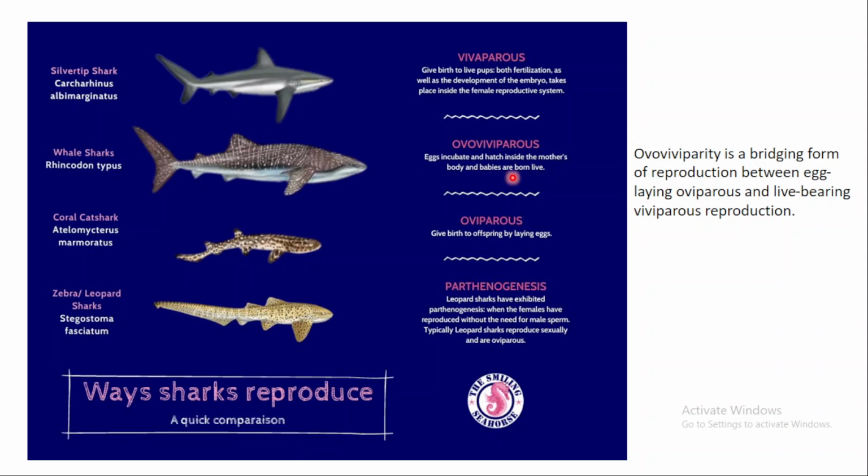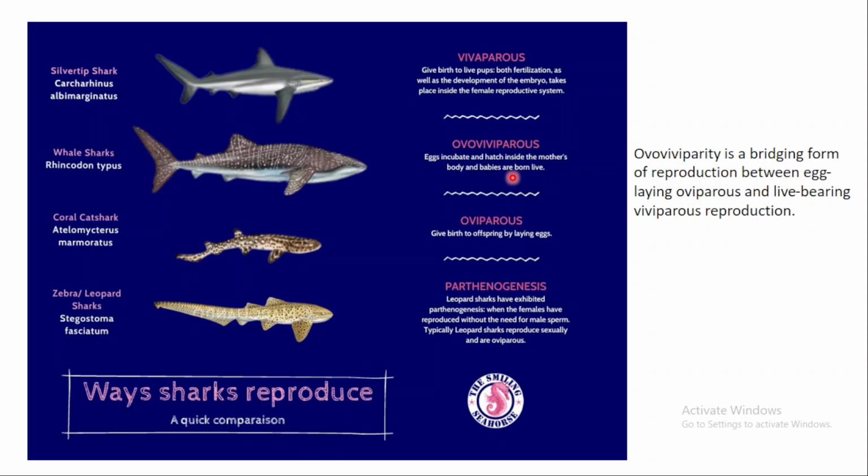So the egg is laid inside the mother's body, incubated and hatched inside the mother's body, and live birth. So it's a transition between oviparous, egg laying phenomena, and the viviparous, live birth.